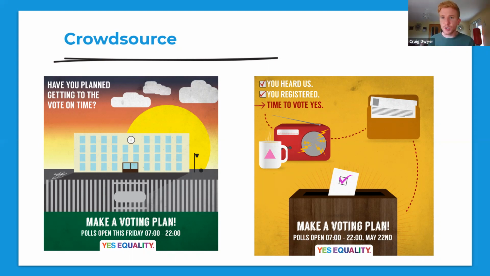There's research that shows you're more likely to vote if you make a plan to vote. So we put out a call on social media asking for people to help us create content around this idea of making a plan to vote. And here's an example of some of those graphics that we got back, that we could then push out on our social media.